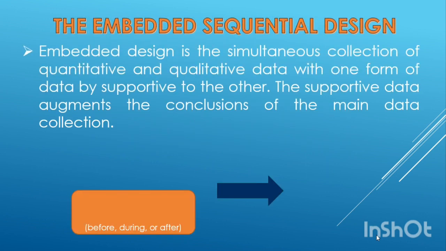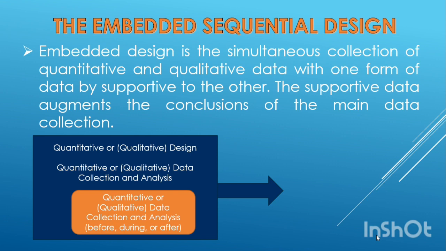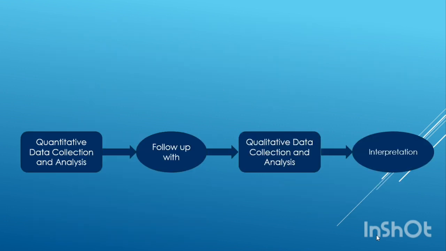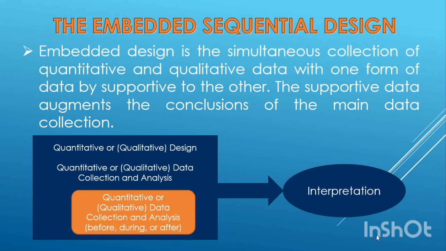Okay, so next is the embedded sequential design. Embedded design is the simultaneous collection of quantitative and qualitative data with one form of data supporting the other. The supportive data augments the conclusion of the main data collection. So in embedded sequential design, simultaneous ang pag-collect nimo sa datas. Pwede ka mag-una sa qualitative, pwede nimo i-observe.